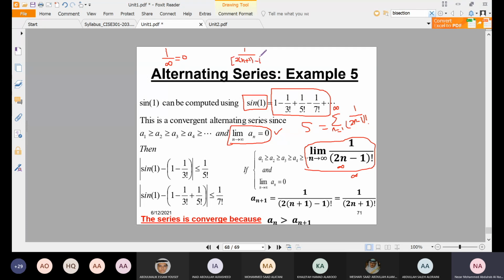So it will be 1 over (2(n plus 1) minus 1) factorial: 2 multiplied by n, and 2 multiplied by 1 is 2, minus 1, will be plus 1.